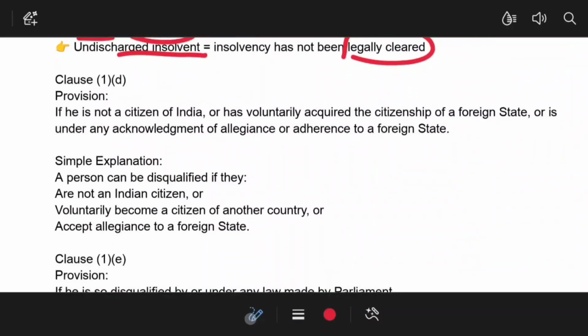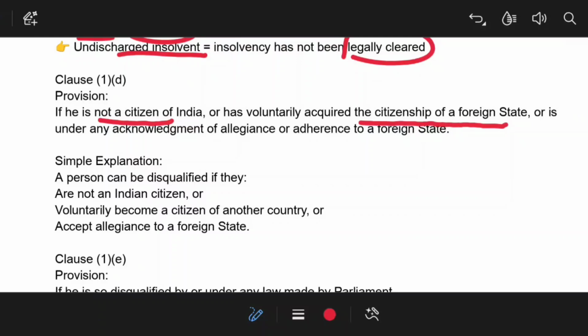Clear? 1D, if he is not a citizen of India, or has voluntarily acquired the citizenship of a foreign state. As you all know, India does not allow dual citizenship. If you acquire the citizenship of any foreign state, at that moment you cease to be an Indian citizen. For becoming a member of the House or even a state legislature, you must be an Indian citizen.